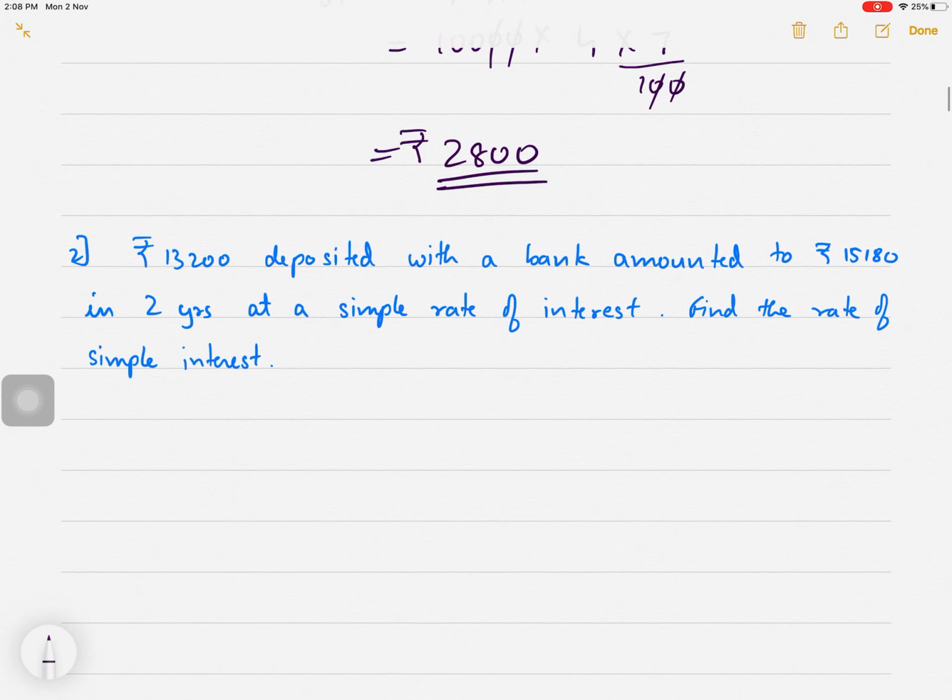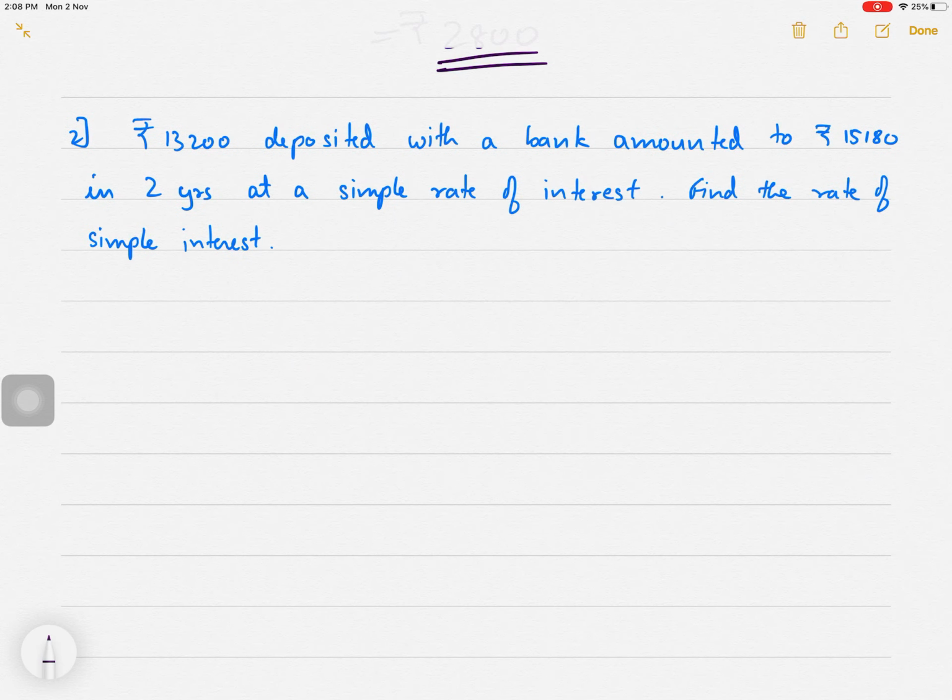Let's see the next problem. Rupees 13,200 is deposited with the bank, amounted to rupees 15,180 in 2 years at a simple rate of interest. Find the rate of interest. Okay. Now, principal amount is 13,200 because 13,200 is deposited with the bank and it became 15,180.